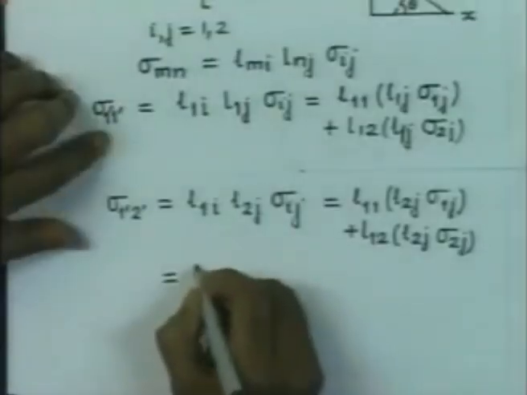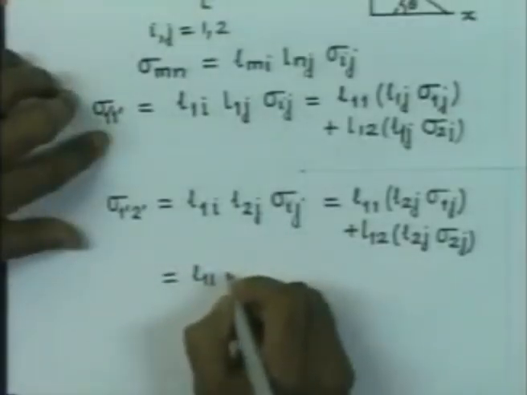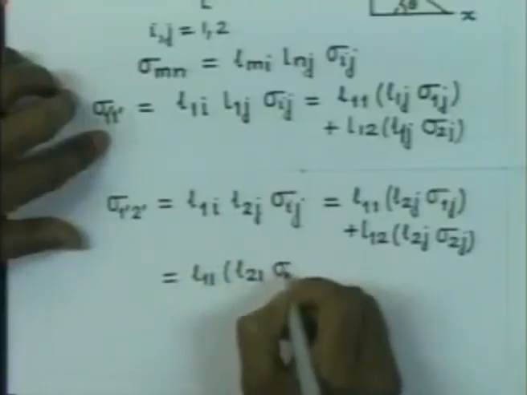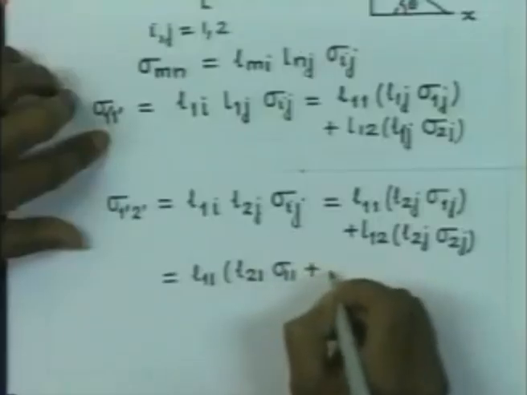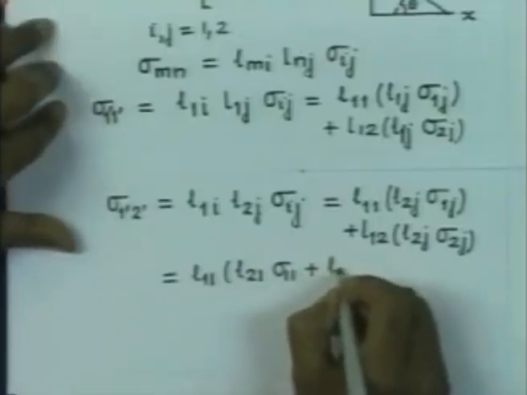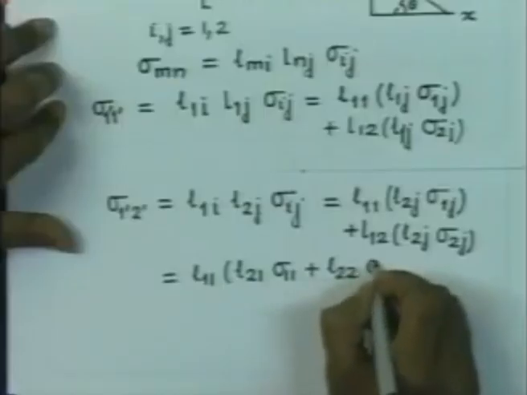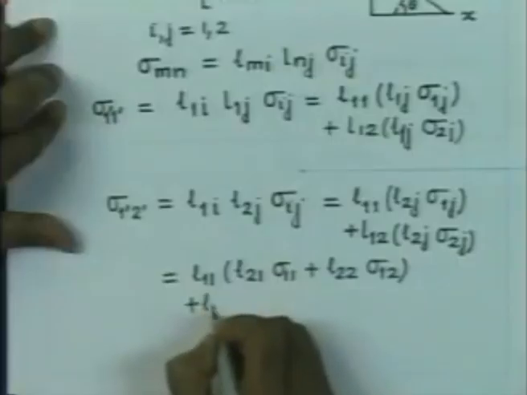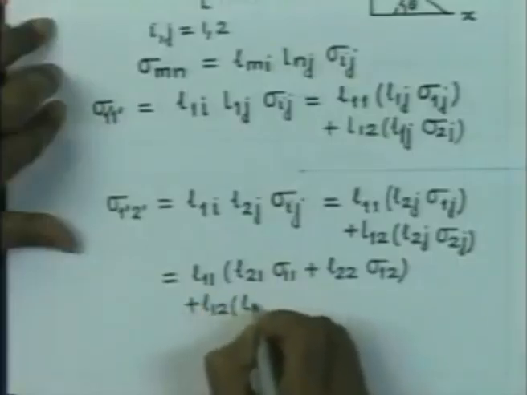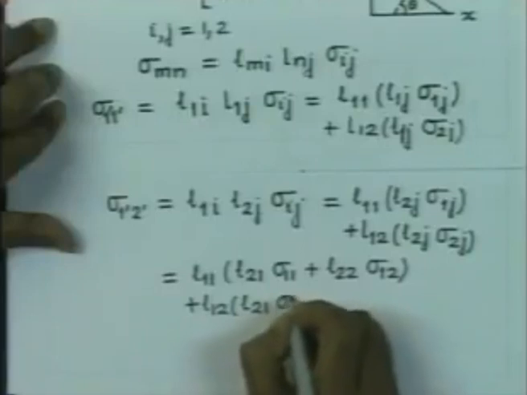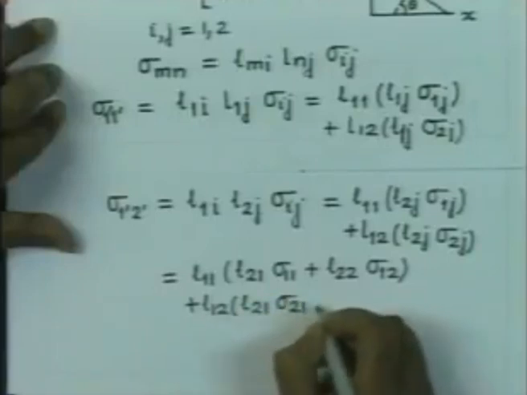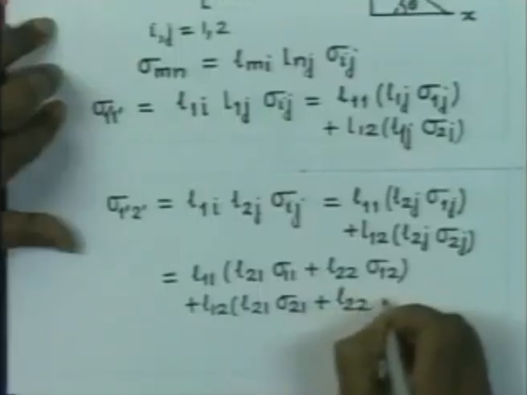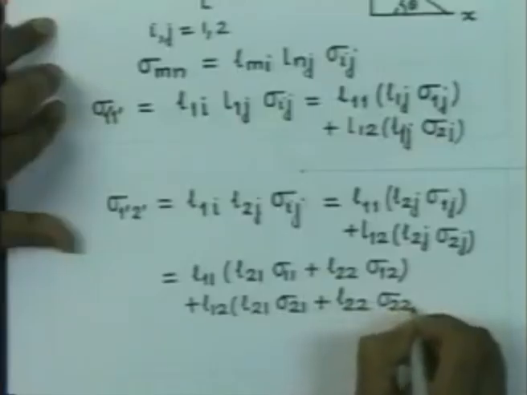Now, we can write L 1 1 L 2 1 sigma 1 1 plus L 2 2 sigma 1 2 plus L 1 2 L 2 1 sigma 2 1 plus L 2 2 into sigma 2 2.